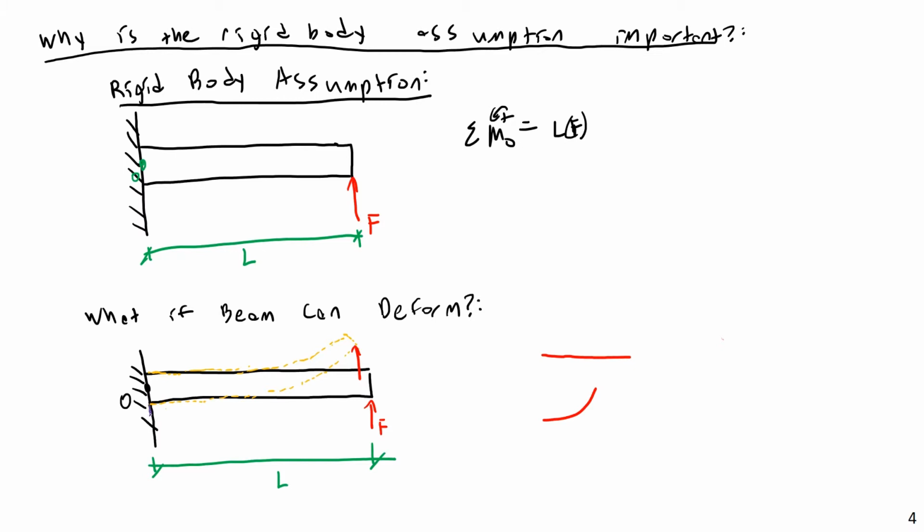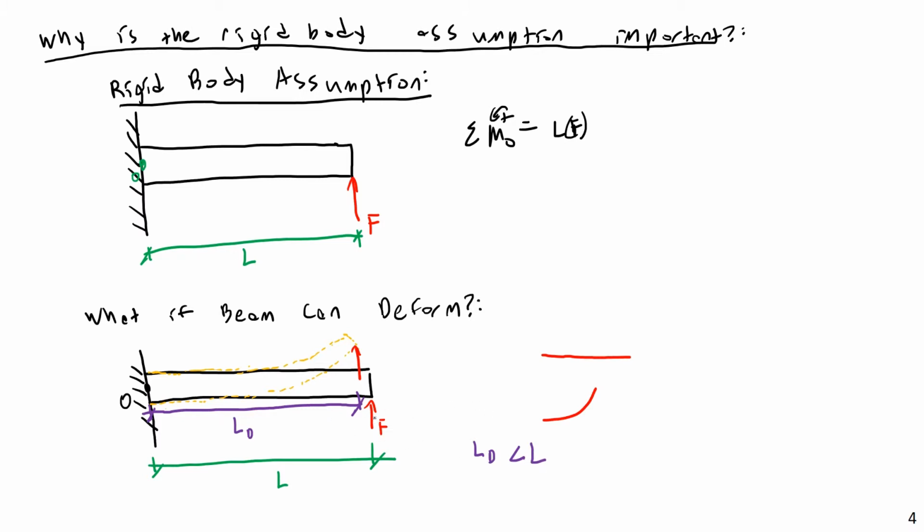If you look at this, what happens to the moment arm of that force? It decreases. Maybe I'll call that L_D for L deformed, and L deformed is less than L.